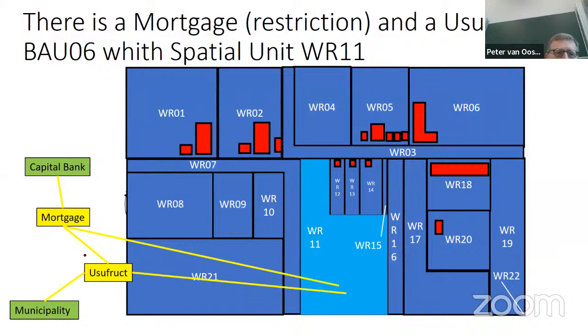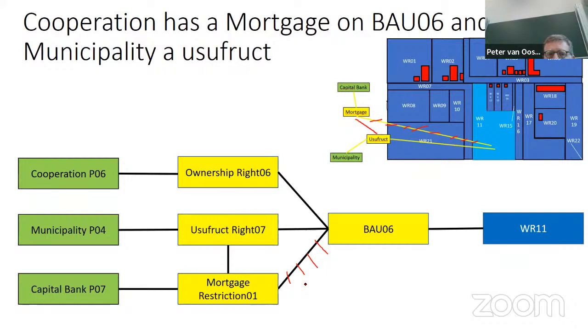Yeah, in a sense, you could say the mortgage is also attached to the parcel, but indirectly via the usufruct right or via the ownership right. It's also not needed because via the mortgage and the usufruct you arrive at the same property.